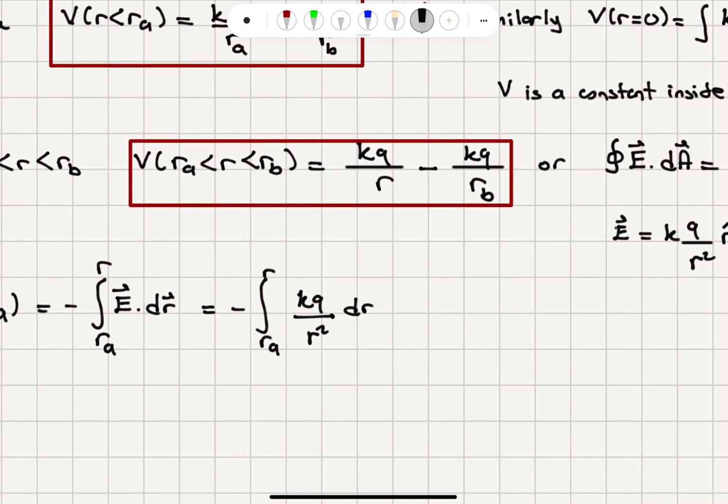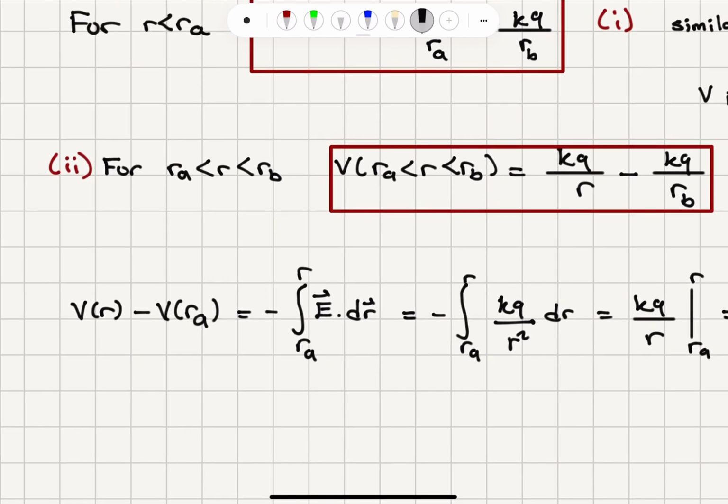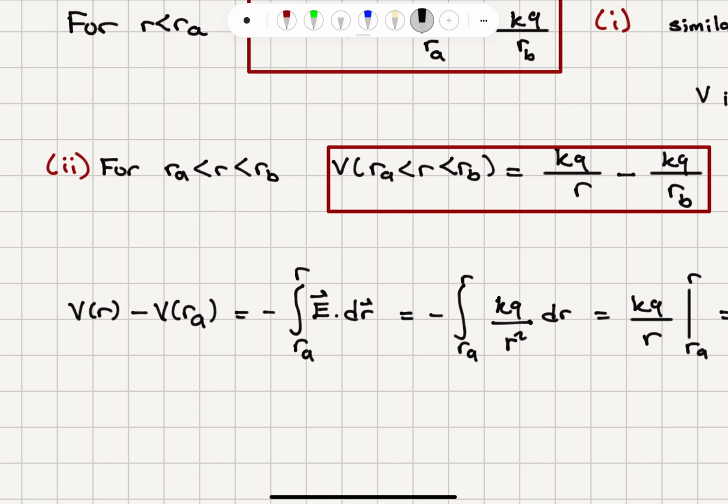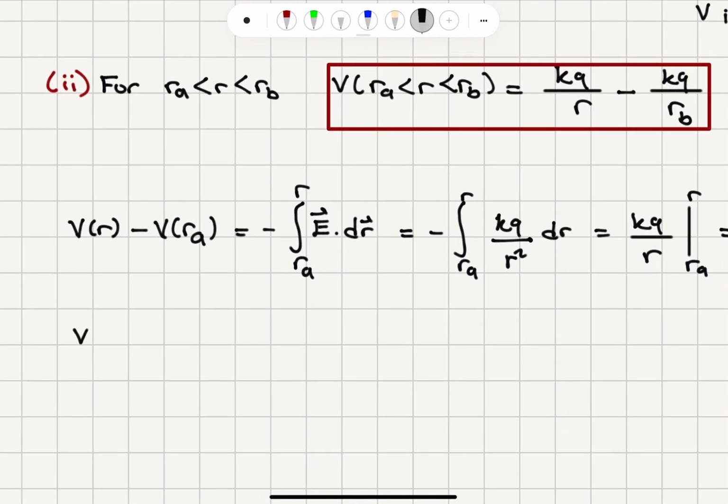And this gives me kq over r, evaluated between r sub a and r. This is kq over r minus kq over r sub a. Now what is this? This is the potential V at r minus V at Ra.